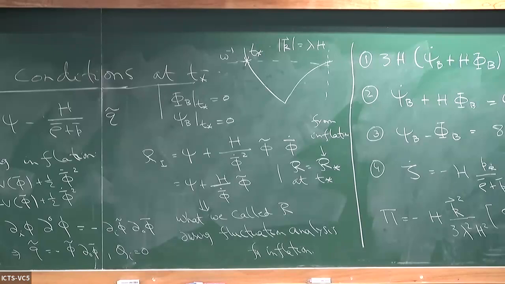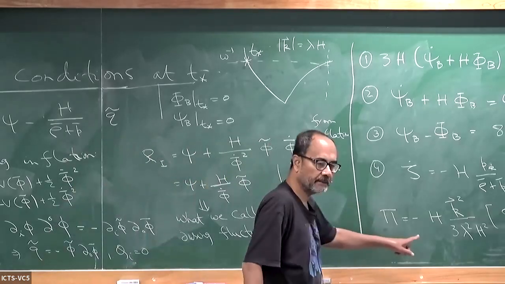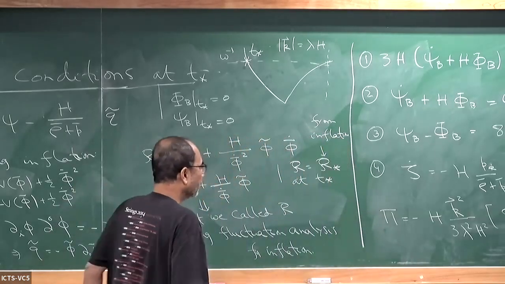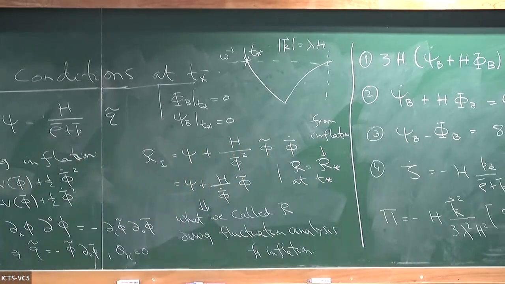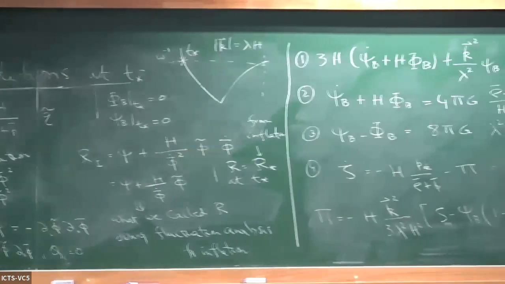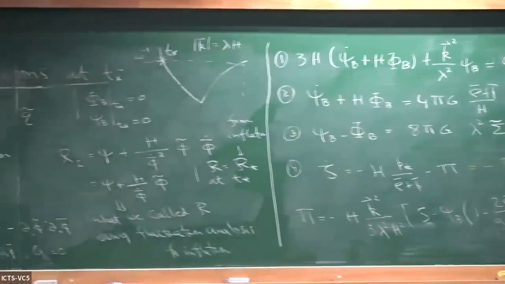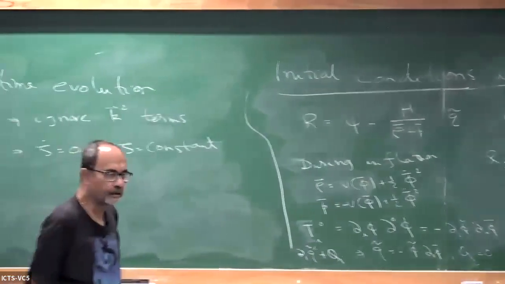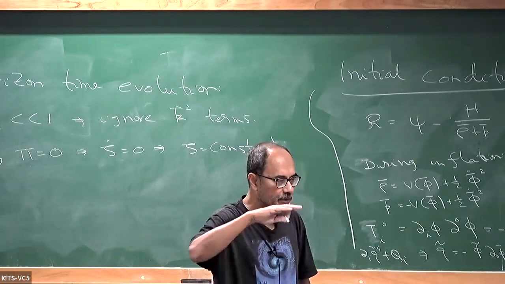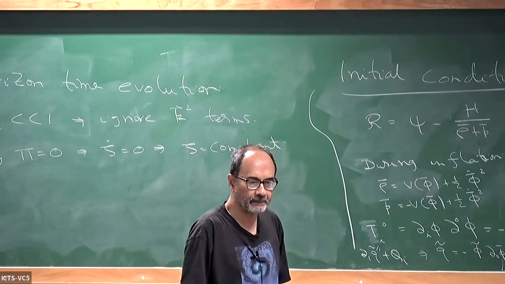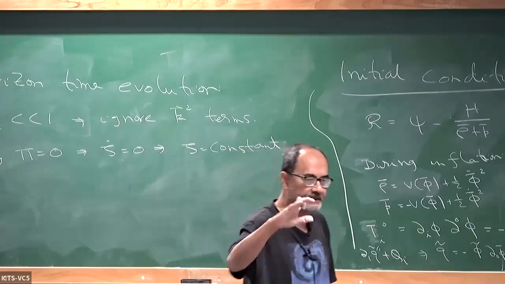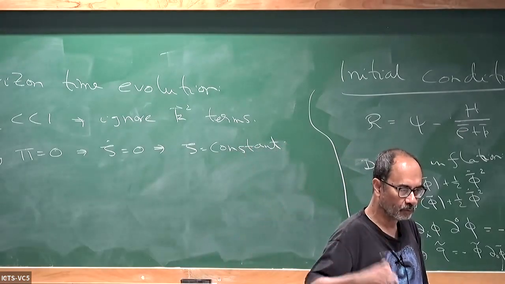This immediately tells us that pi is 0, so zeta dot is 0. Zeta is constant. So zeta remains equal to minus R of T star all through the super horizon evolution. As long as the perturbation remains super horizon, zeta is set equal to minus R star all through.